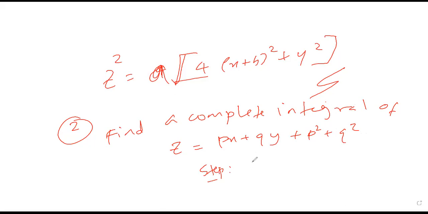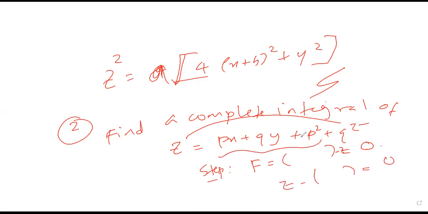So you have to be careful. F is equal to something which is equal to 0. So whatever equal to 0 is the f. So you have to take this one this side: f is equal to this one minus z is equal to 0. Otherwise you can take z minus this term is equal to 0. You can take this one this side or that side. Both sides may give an equal solution. Let's try to find this solution.